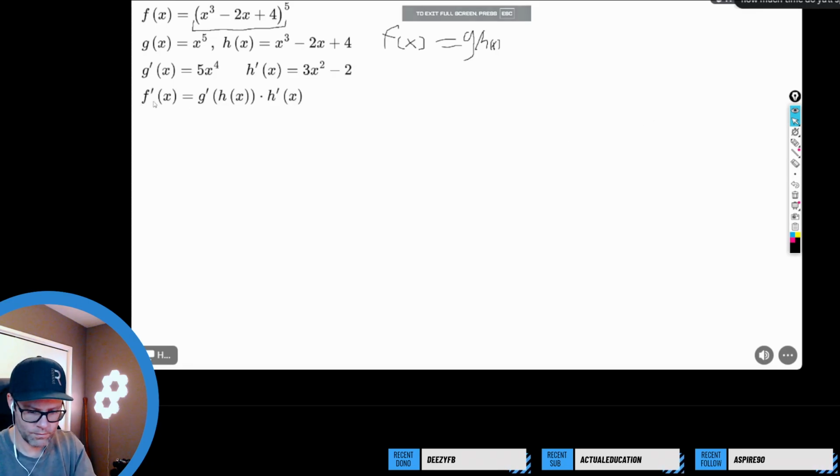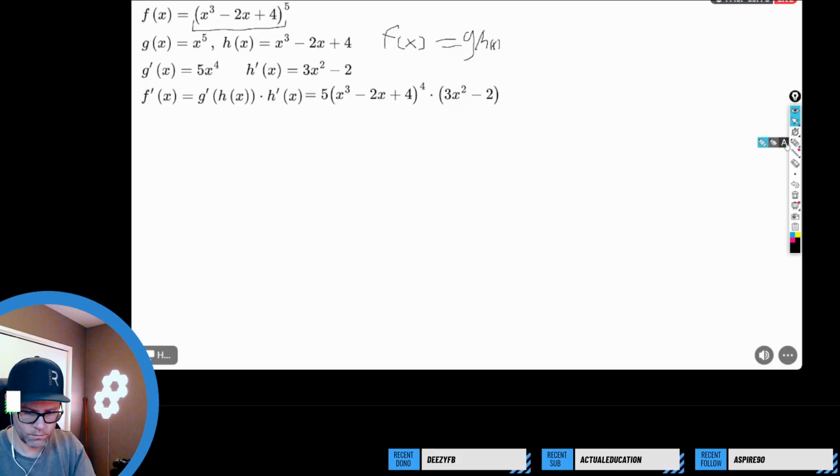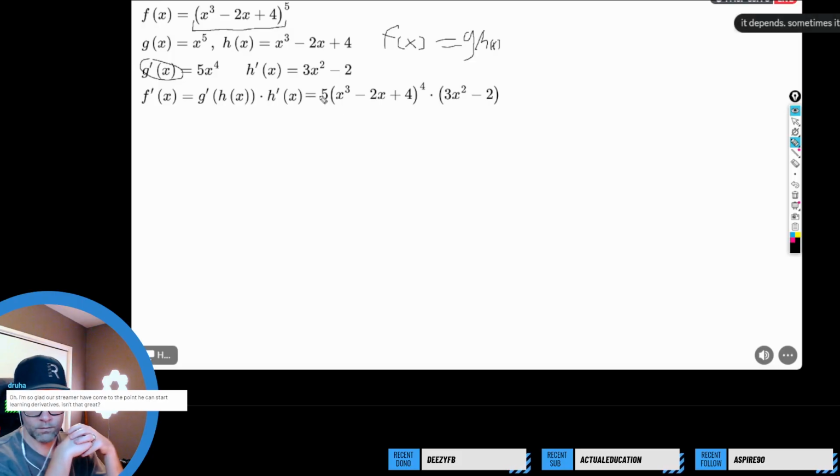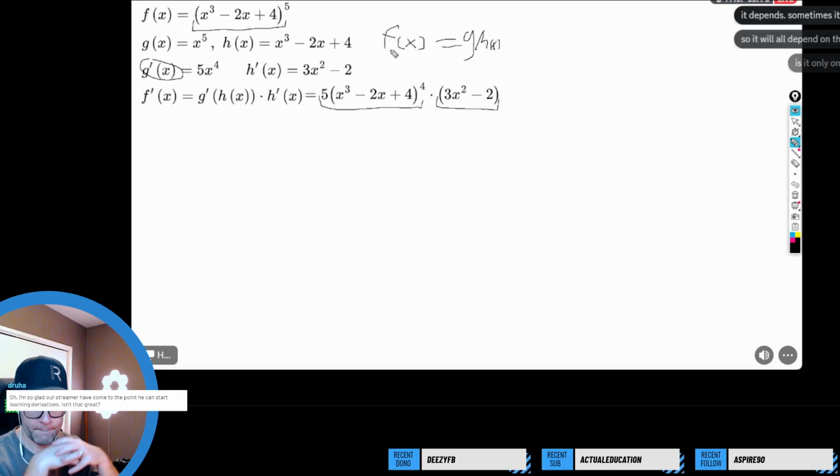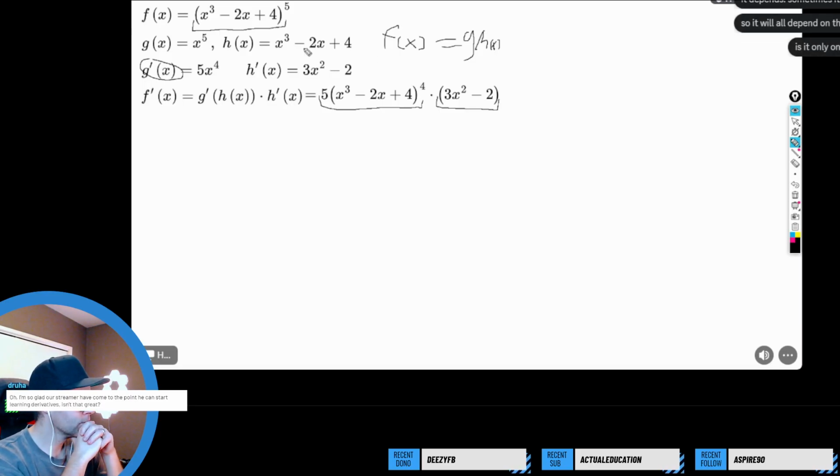So now that we know that this is the derivative with the chain rule, we can just evaluate g prime of x at h of x. So we get this and multiply it by h prime of x, which is this. And this is a very nice way.